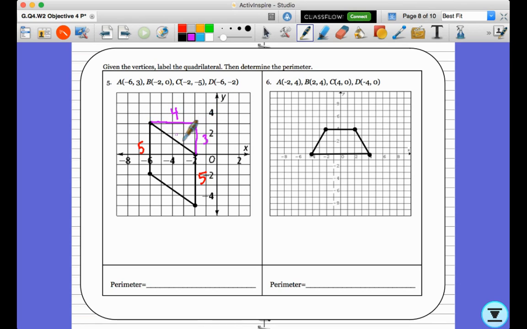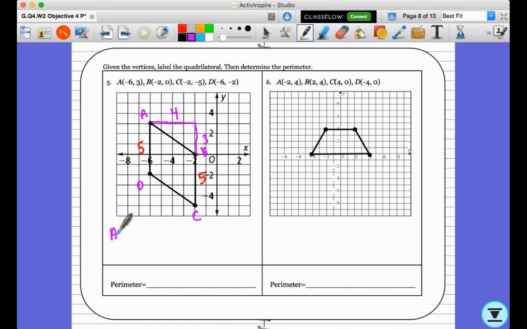So to find that length, oh no, I need to label it. This is going to be B, and -6, 3 is A, -6, -2 is D, and this is -2, -5 is C.